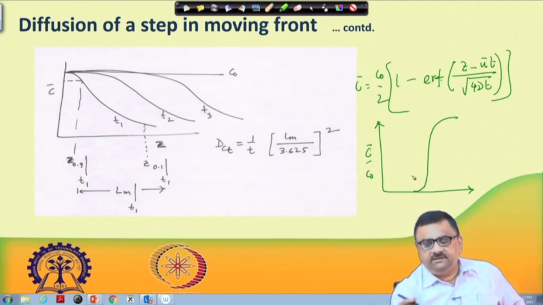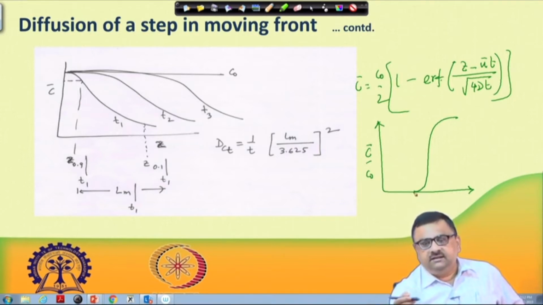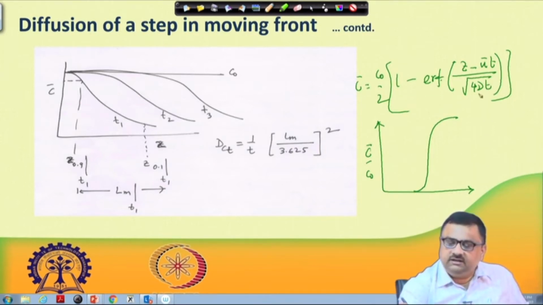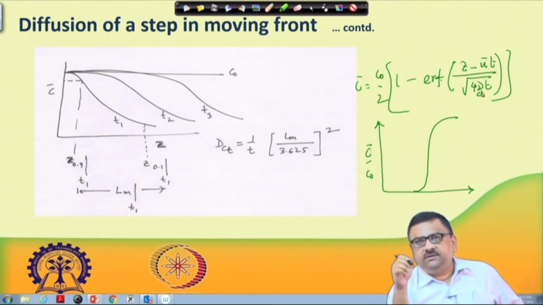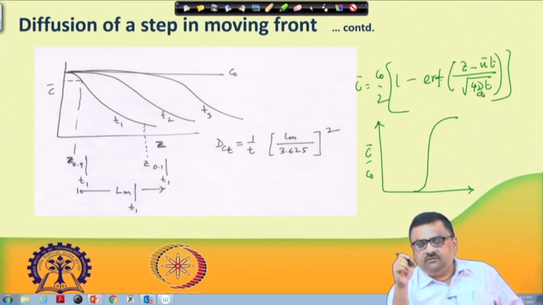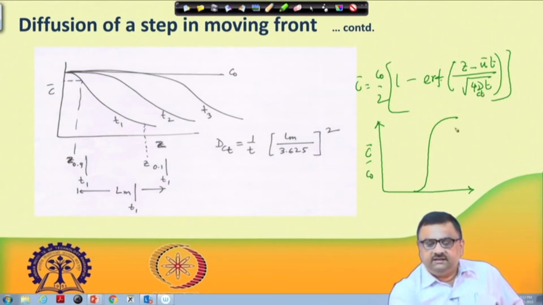Going backward, this is the experimental data we have. Now, what should be the value of D_Ct, such that this 4 D_Ct, this profile is matched?